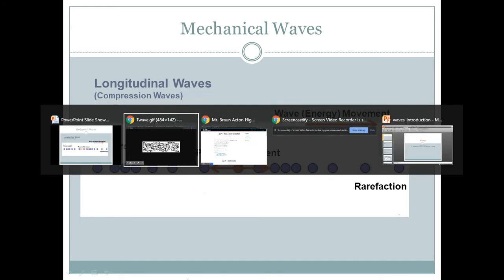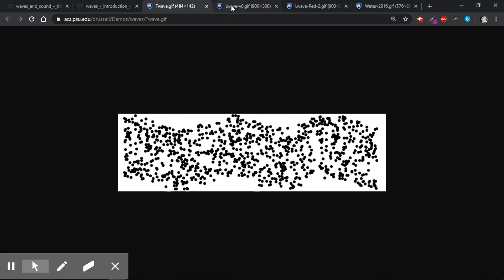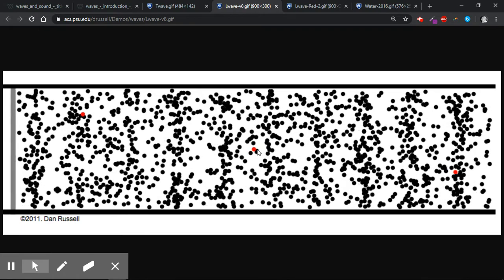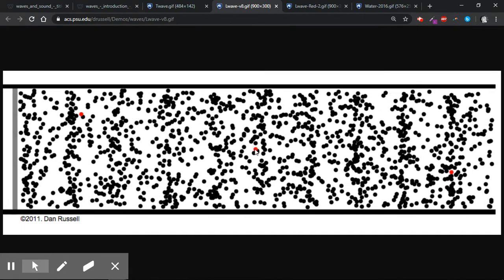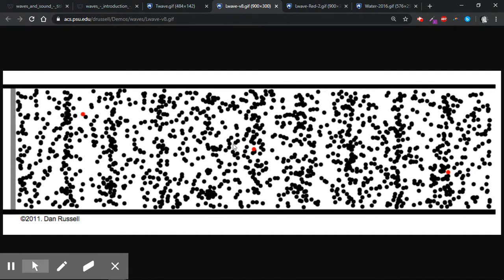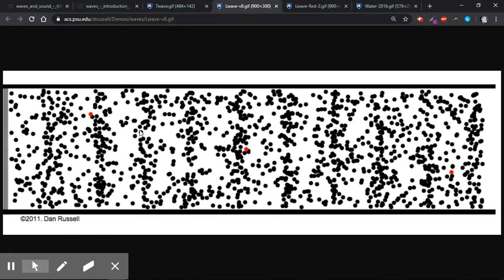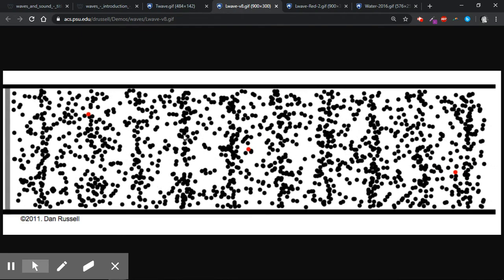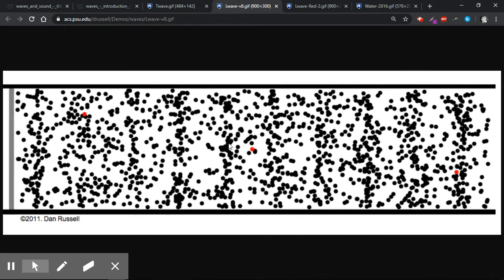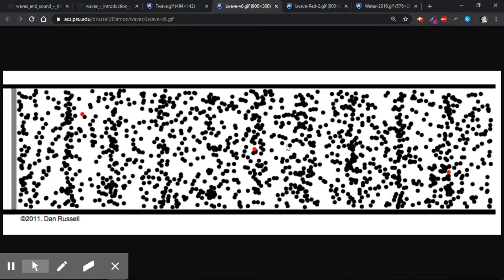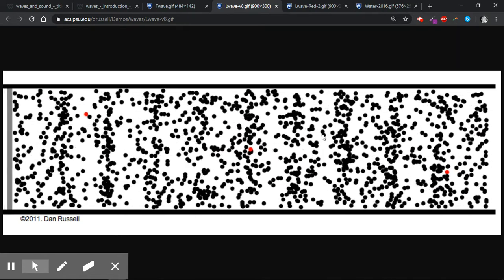Let's check out a cool video about this. Here we go. Watch this little particle. This individual particle just jiggles back and forth, back and forth. But look at the wave. There's a compression zone, and the particles stay compressed, and it moves at a very specific speed. This is a very slow speed. Then you can see here's the rarefaction zone where the particles are further apart, and it also moves at the same speed.